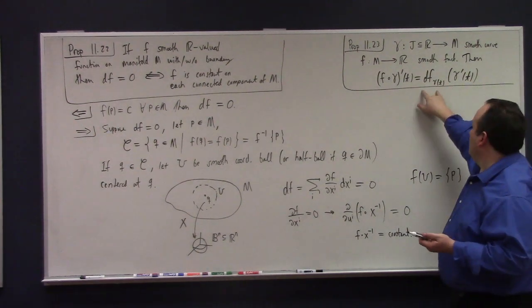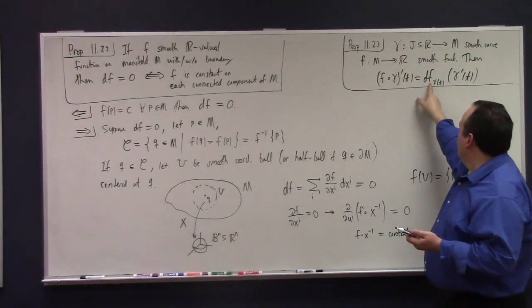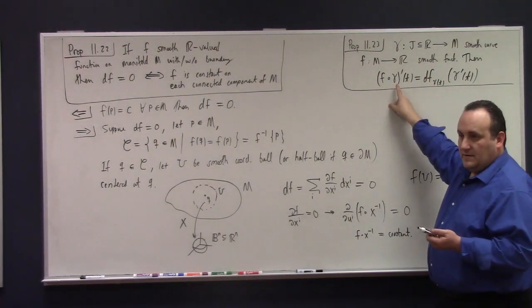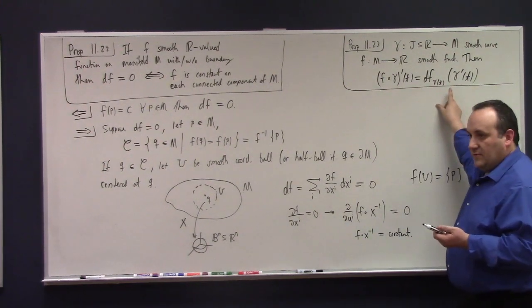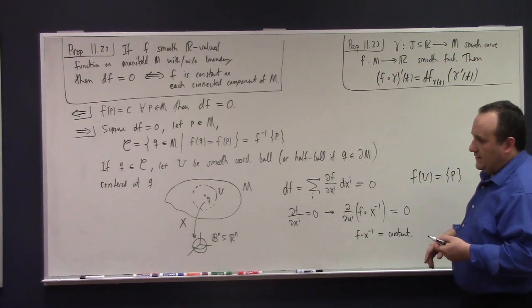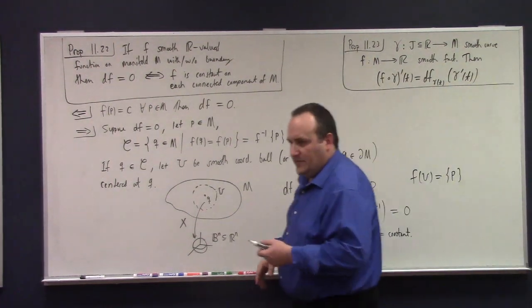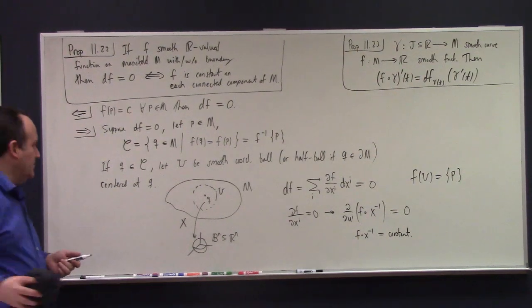I said the differential acting on the equivalence class of curves is the equivalence class of the function composed with the curve. This was my definition of the differential on the equivalence class. But I may have strayed from Lee there, so this may be the first time it appears in Lee. I don't remember, honestly.